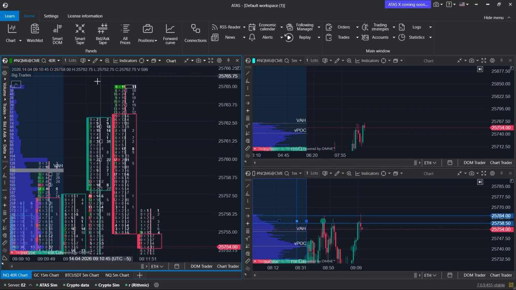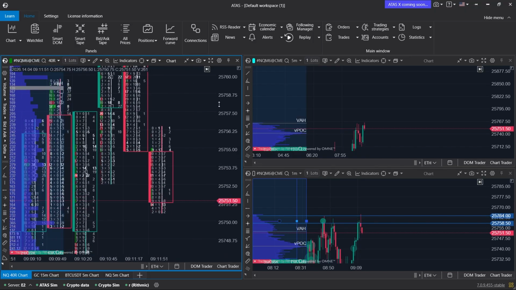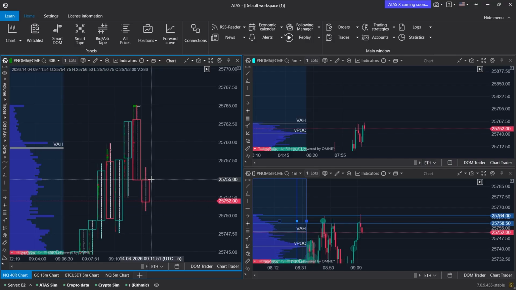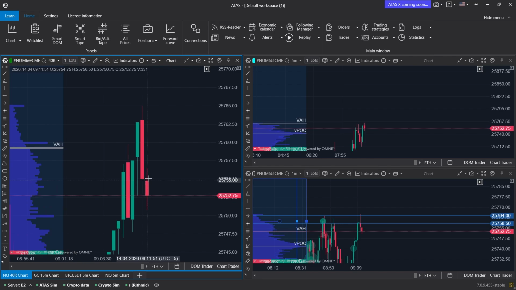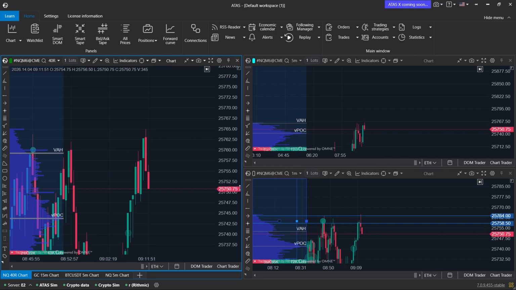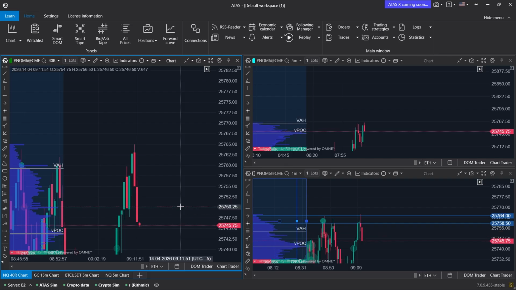But it is forming at the top of the range, which is similar to my buyers absorbed strategy. Yeah, my SL was hit. My break even point was hit.